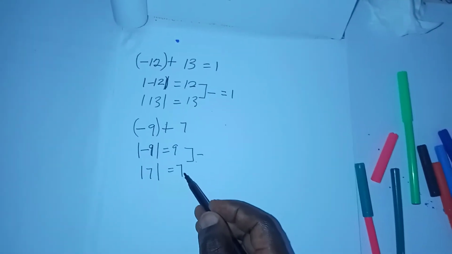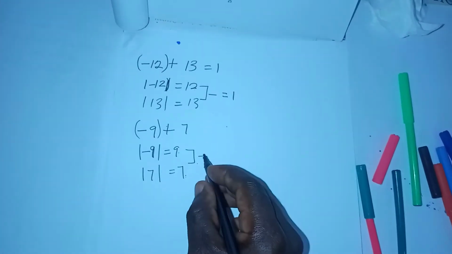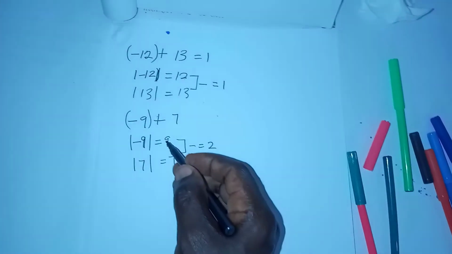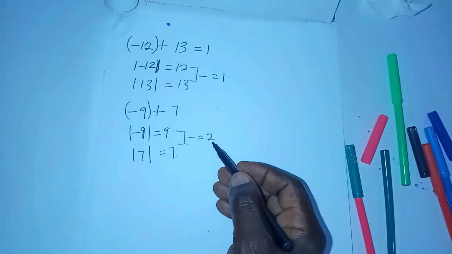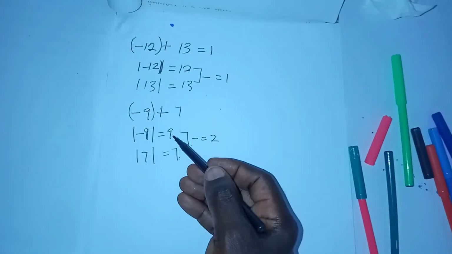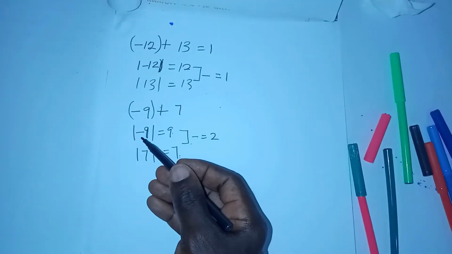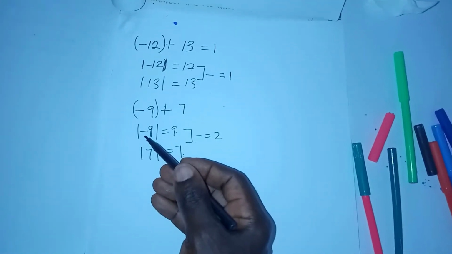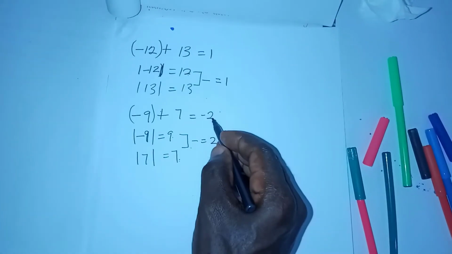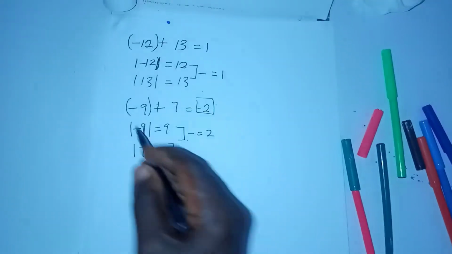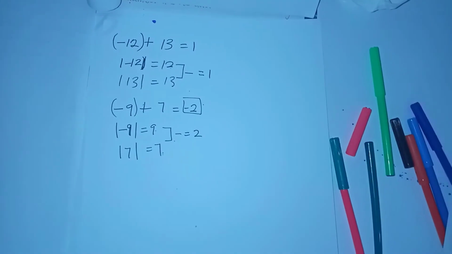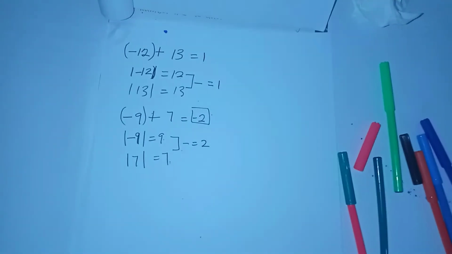We have to subtract the smaller one from the bigger one, and that will give us 2. 7 from 9 gives us 2. Looking at the 2, this is the biggest absolute value. What sign does it have? It has negative, and that negative will come with our answer. So negative 9 plus 7 will give us negative 2.